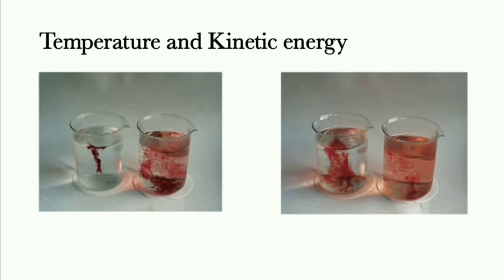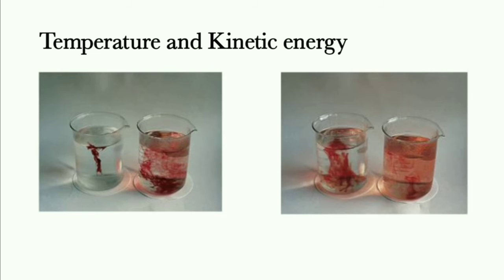We can see, surprisingly, in the left side glass with cool water, in both the pictures, the diffusion of the potassium permanganate or food color is happening at a slow pace, but in the right hand diagrams in both the pictures, the potassium permanganate is spreading faster. So why is that happening?